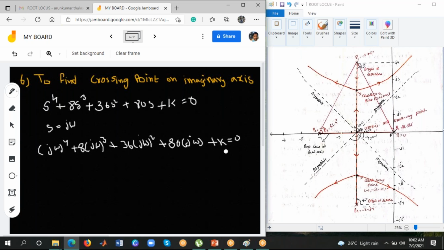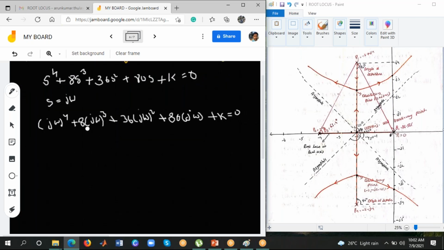So if you consider the imaginary parts, what you will get? Here, the imaginary parts come from the odd coefficients only.